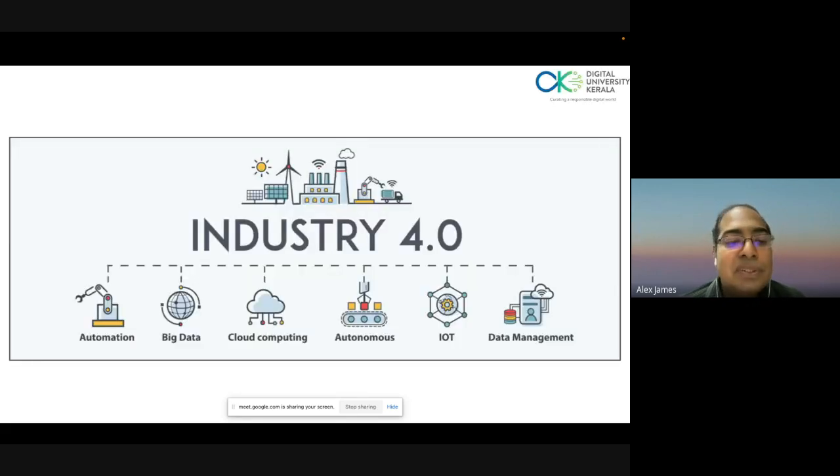As a bigger picture, you can contextualize the whole thing in terms of what Industry 4.0 today needs, and you can see automation, big data, cloud computing, autonomous systems, IoT, data management, all of them increasingly becoming important with more of AI and related techniques coming in the industrial sector.